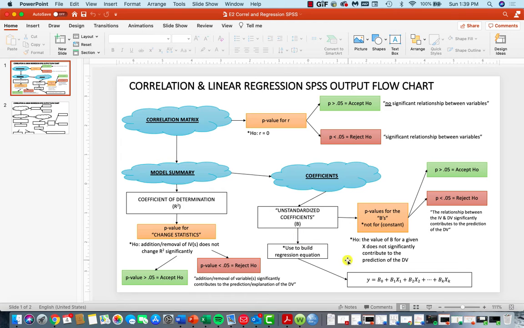The first one you usually see is B sub 0, which is going to be represented as constant. So this is your y-intercept. That is not going to change from equation to equation. After that, if you have an independent variable inserted into your regression equation, there's going to be a value listed next to that variable, which is B sub 1. And that's going to be paired with any given value of x for that variable.